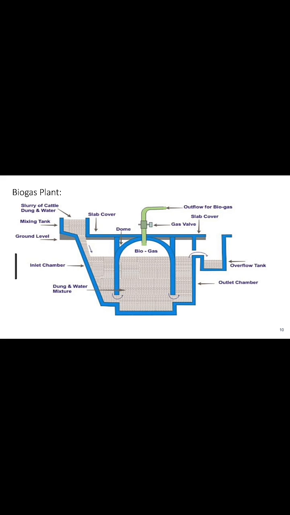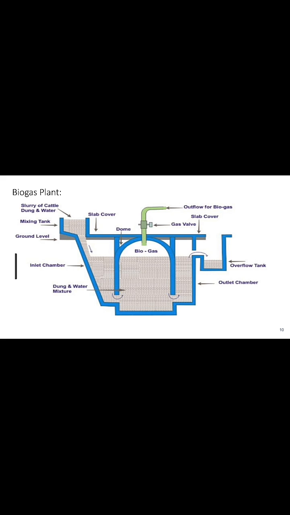As time passes, more and more biogas collects inside the dome, thereby exerting pressure on the slurry in the digester tank. This in turn forces the spent slurry to the overflow tank via the outlet chamber.